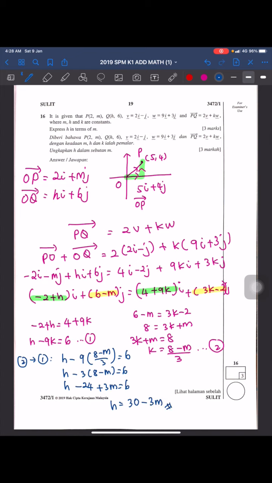Okay, soalan ni nampak macam complicated sikit lah. So boleh tengok balik, rewind balik video ni, boleh pause, tengok balik one by one. InsyaAllah boleh selesaikan dengan kaedah comparing, dengan syarat student kena tahu macam mana nak mengubah koordinat ini menjadi bentuk vektor.